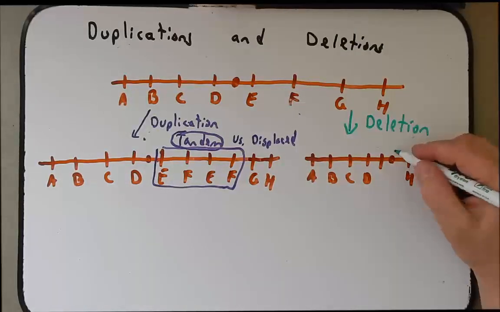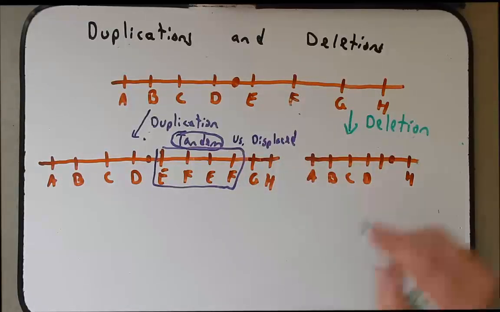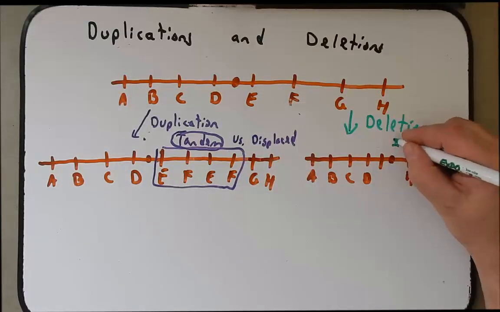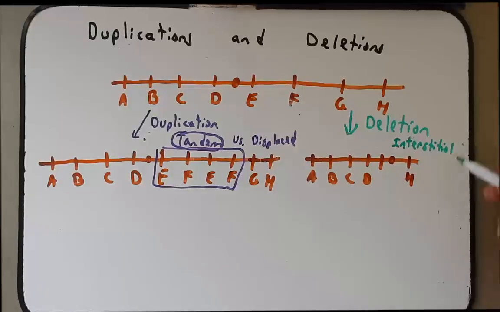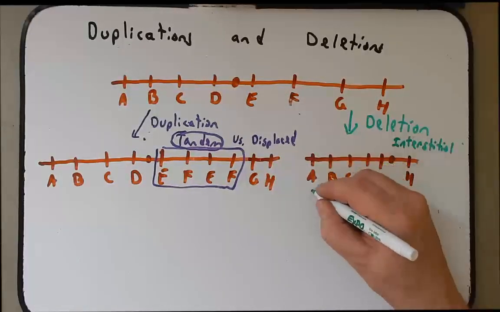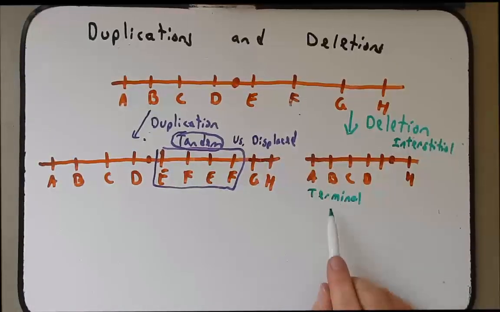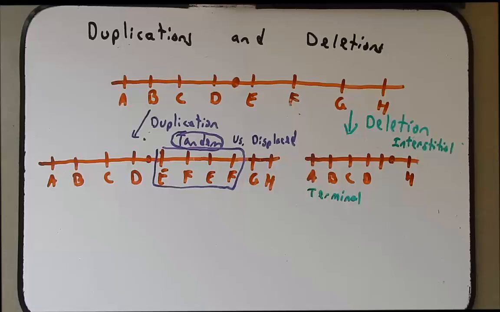When the deletion occurs in such a way that you've lost a middle part of the chromosome, that's called an interstitial deletion. We could compare that to if we lost the end. So if we lost A and B, that would have been called a terminal deletion because it lost the end, the terminal portion of the chromosome. But we're going to focus on interstitial deletions.